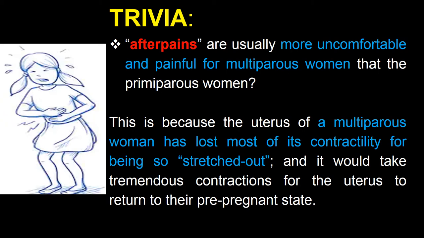Masyado na kasi siyang na-stretch, and it would take a tremendous amount of effort on the part of the uterus of the mother to contract and to help it involute to its original pre-pregnant state. So always remember mas masakit yung after pains na mafe-feel ng mga multiparous women compared to the women who are primiparous because their uterus is more stretched out. Alright.